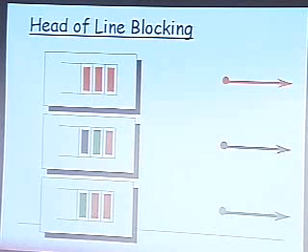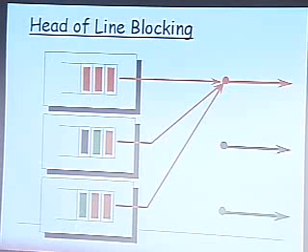So your arbitration scheme will then decide which of these input ports gets access to the first time slot in which the red packet will be transmitted. All three want to go to the first output port.